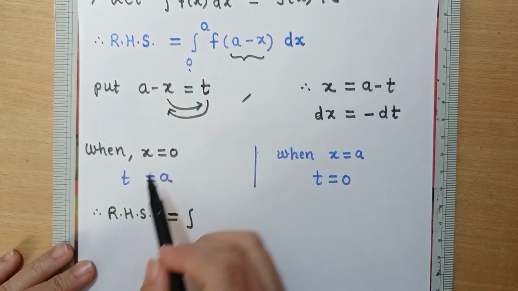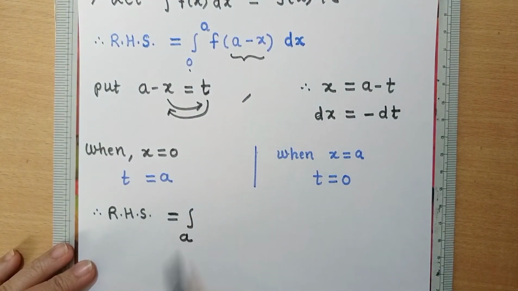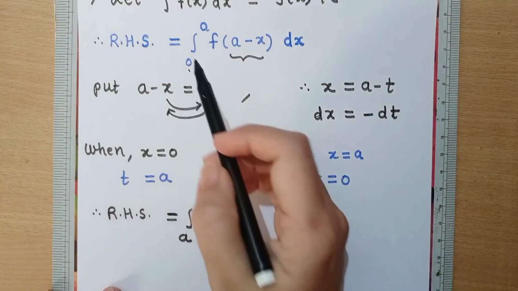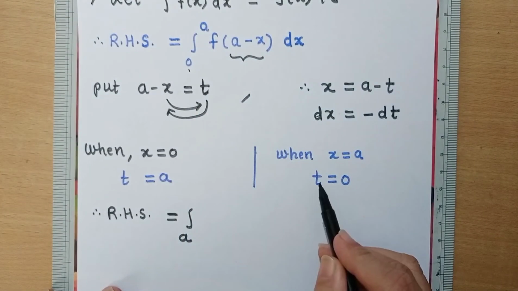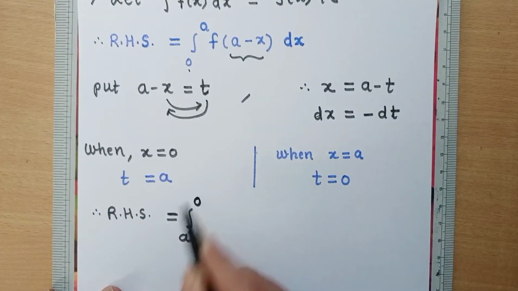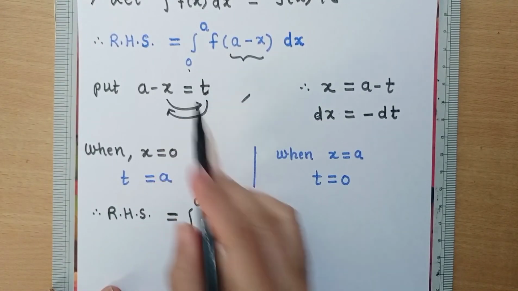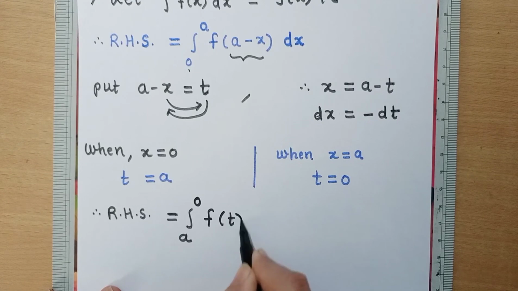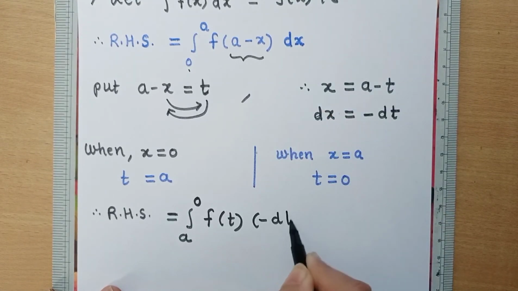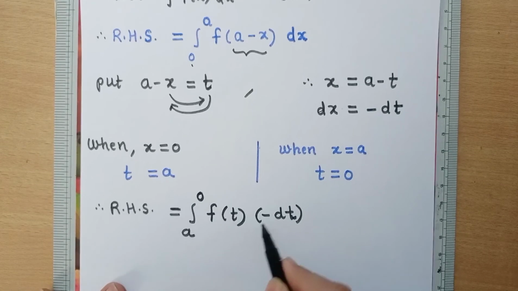When x is 0, t is a, so here lower limit is a, and when x is equal to a, t is equal to 0, and then f of a minus x is f of t, and d of x is minus dt, so here I am writing minus dt.